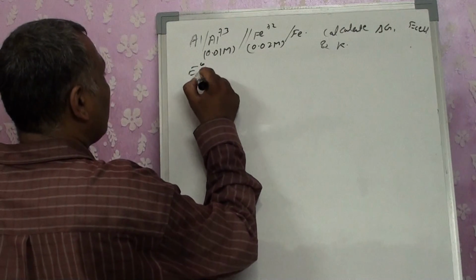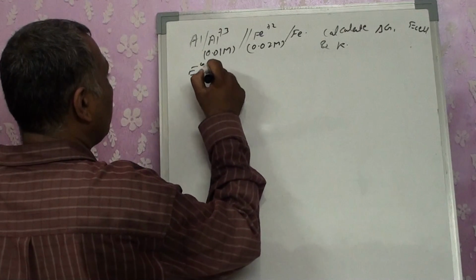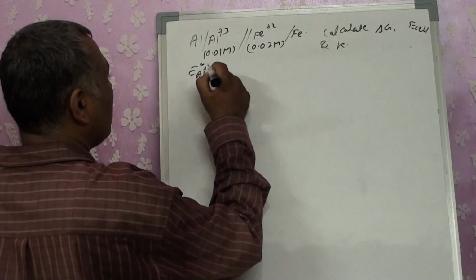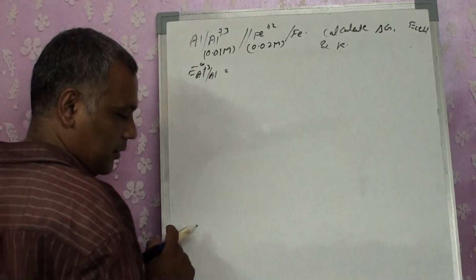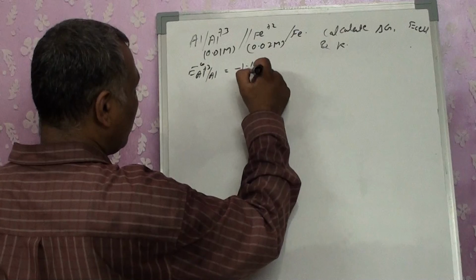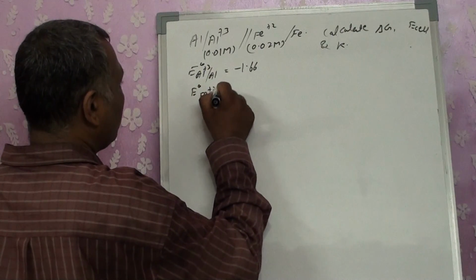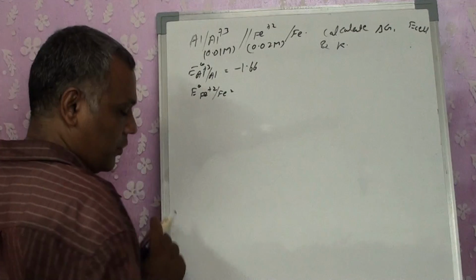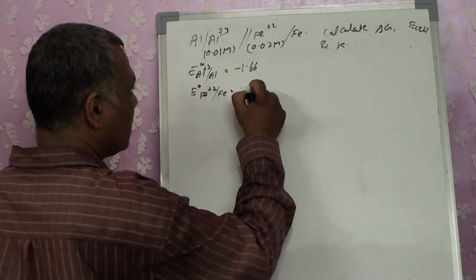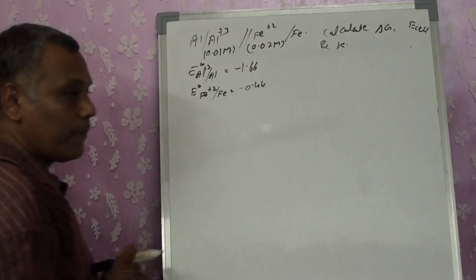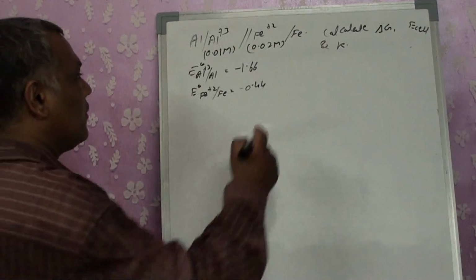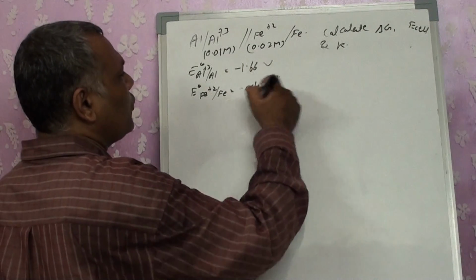E naught of Al3+/Al is given to us as minus 1.66. E naught of Fe2+/Fe is given to us as minus 0.44. Now again, this is very useful to us.